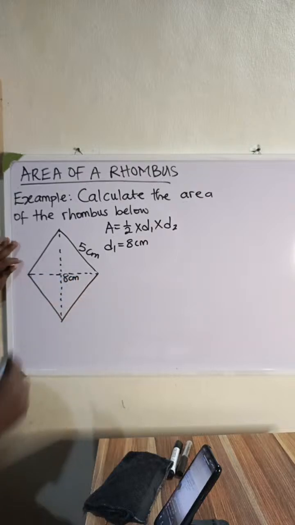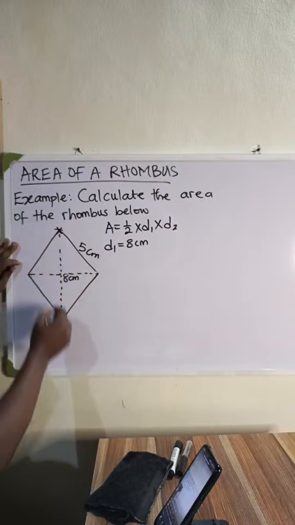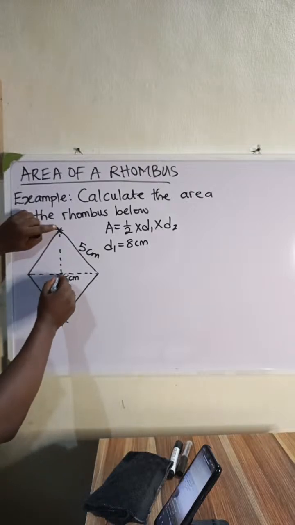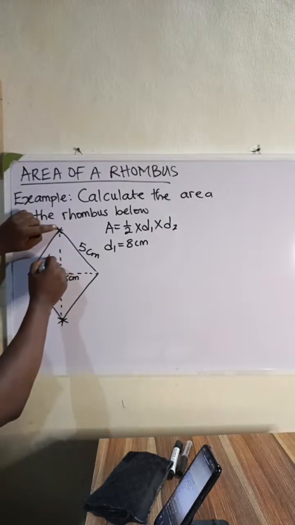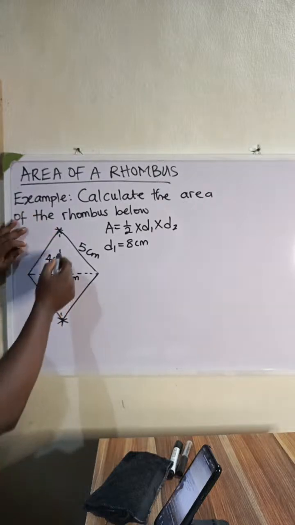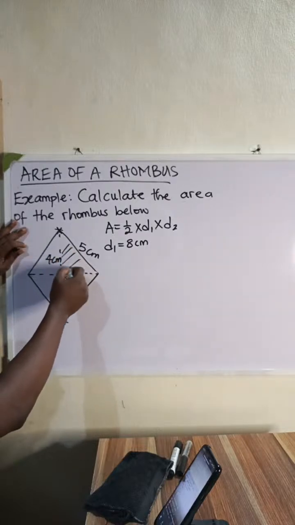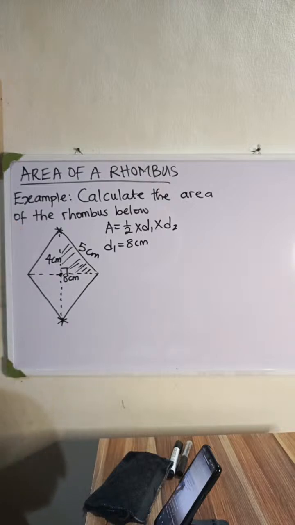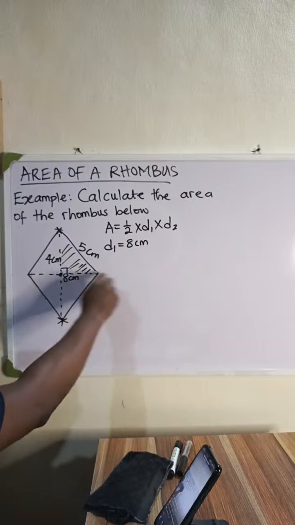Now, if from this point to this point is 8 centimeter, then from this point to this middle is going to be 4 centimeter. If you observe, we have a right angle triangle here, let's bring out that right angle triangle, because we are trying to find this length.